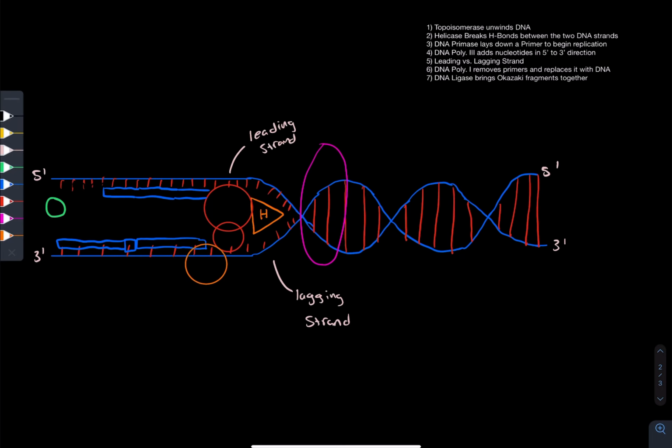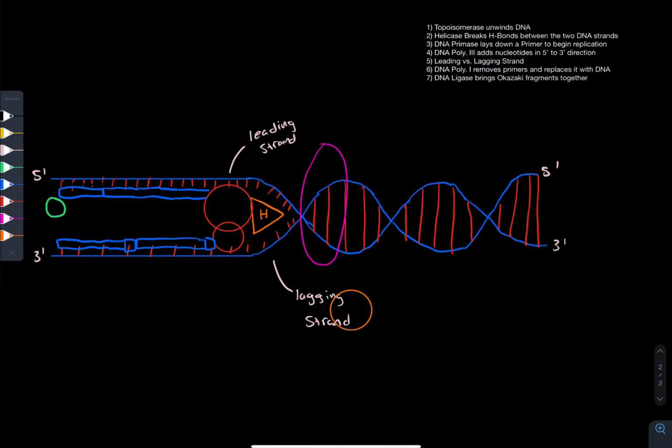It's going to fill those little gaps right there with more DNA that's complementary to the bases of the parent strand. And it's going to do that for all these little areas that there was a primer, in order to conserve genetic variation in our genetic code. So it's going to go through the entire DNA molecule to every primer that was laid down, and fix and add nucleotides to all those areas.